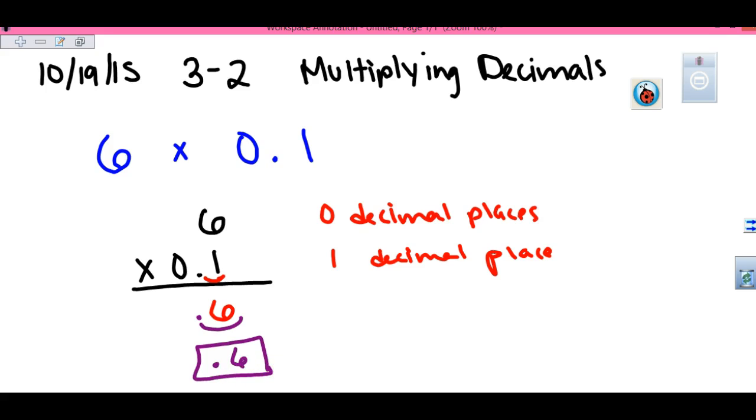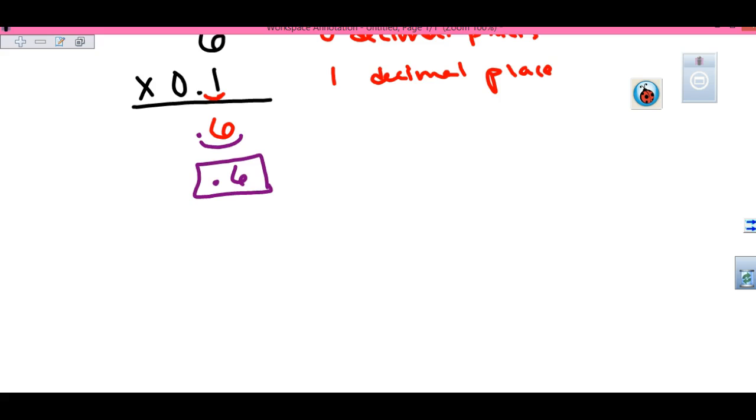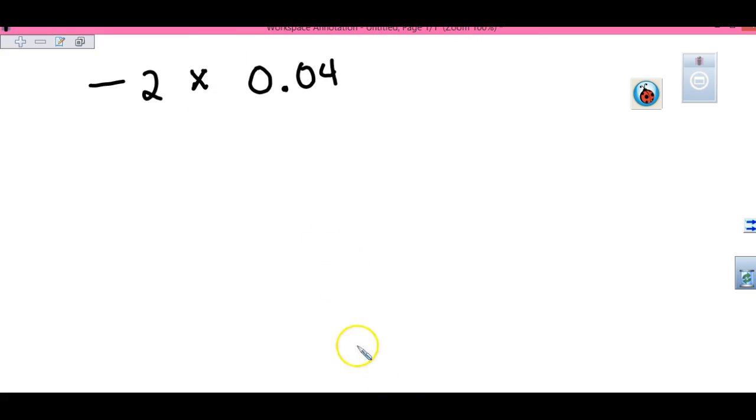Let's try this again. If we have to multiply -2 times 0.04, so I'm going to rewrite the problem vertically. -2 times 0.04.